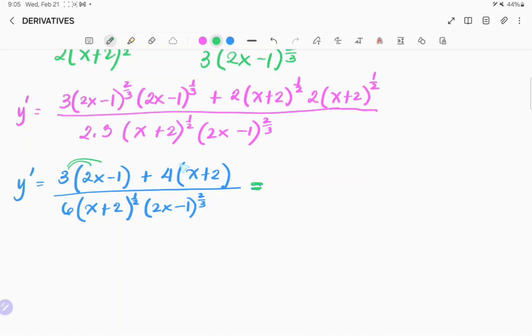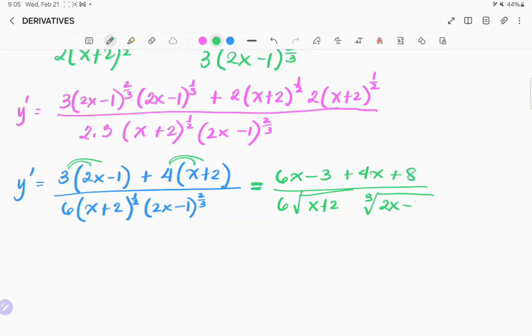We can distribute now 2 and 3. It will give us 6x minus 3 plus 4x plus 8. And our denominator is already 6. I can already deform this into the square root of x plus 2. And the other one is the cube root of 2x minus 1 raised to 2, because we have our numerator as 2 in our exponent.